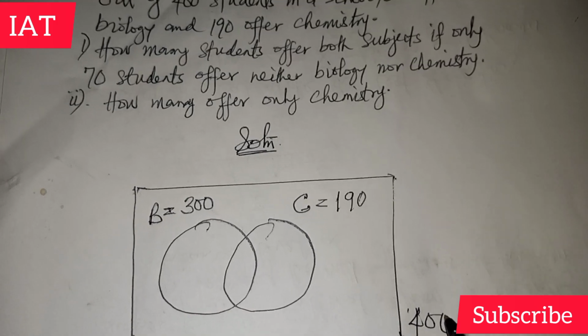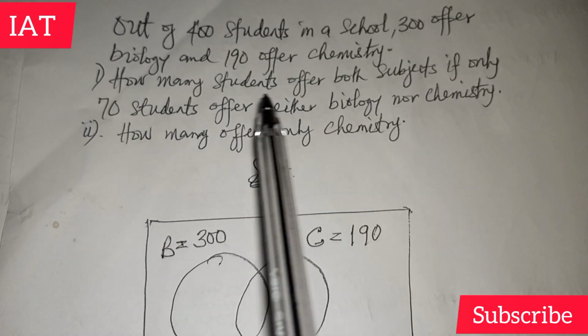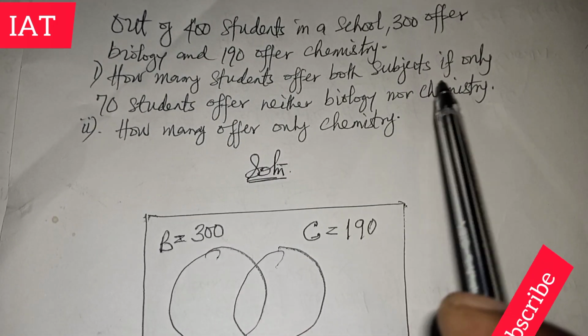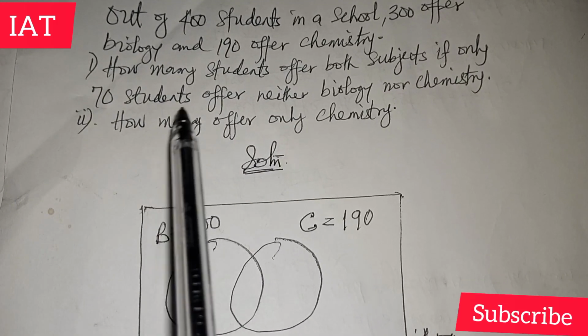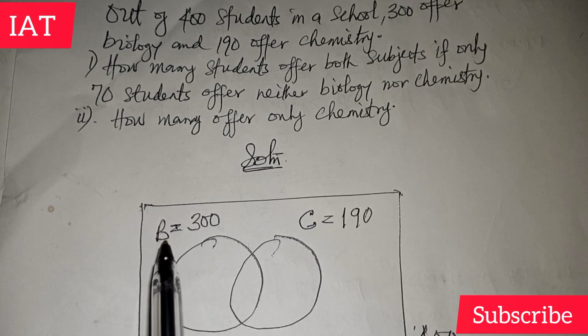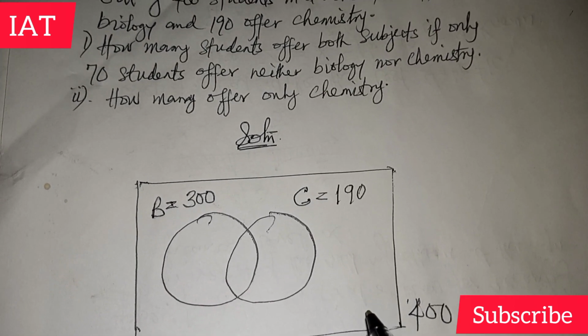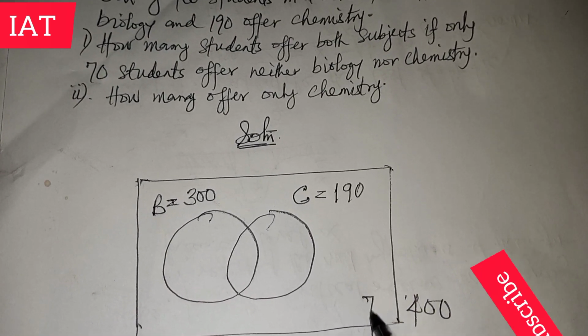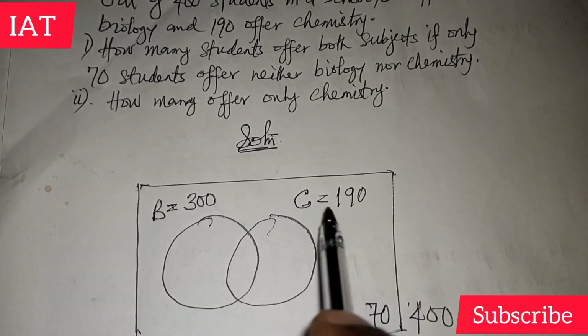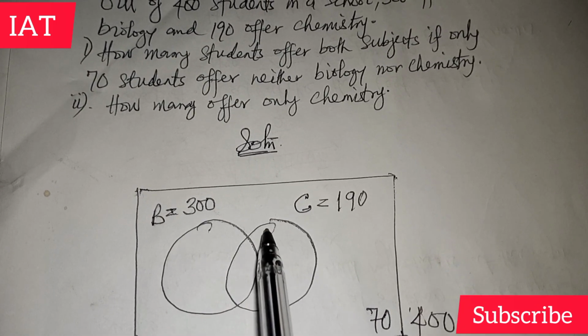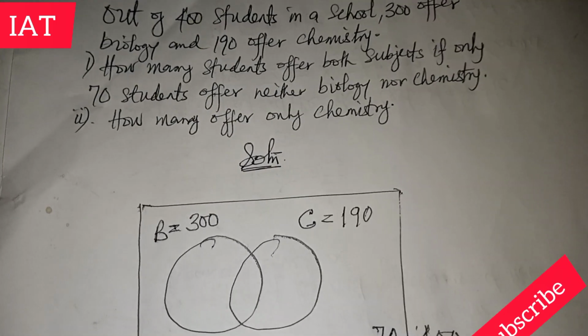It's still the same thing. All right, and again, there's a striking statement here: only 70 students offer neither. So these 70 students offer neither biology nor chemistry. That is to say, this has to be somewhere here because they offer neither of these subjects. Okay, so let's start the analysis.